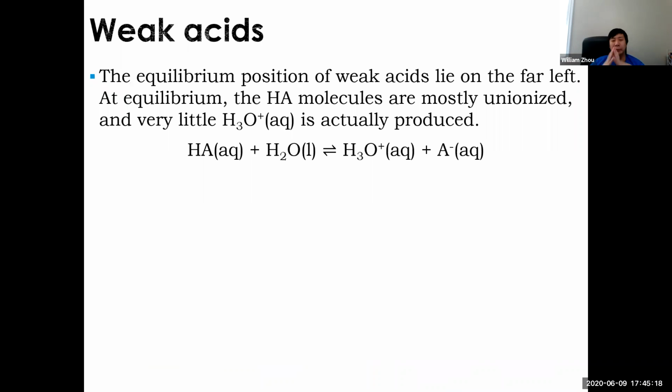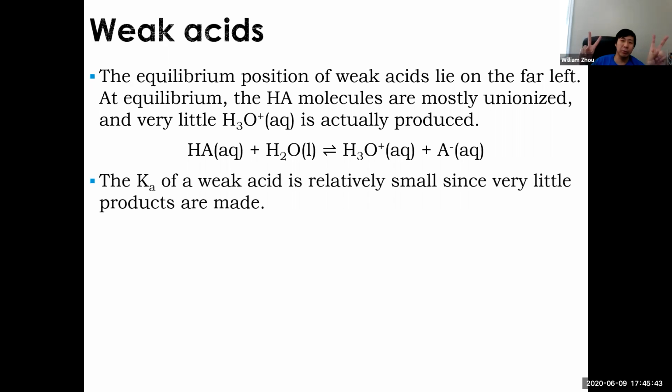Now, a weak acid is in equilibrium, because it only partially reacts. Let's say 5%. Normally, a weak acid reacts like 5% of the time. Only 5% reacted, so you have an equilibrium. Most of the HA are unionized. They didn't ionize. So you produce very low concentrations of H3O.